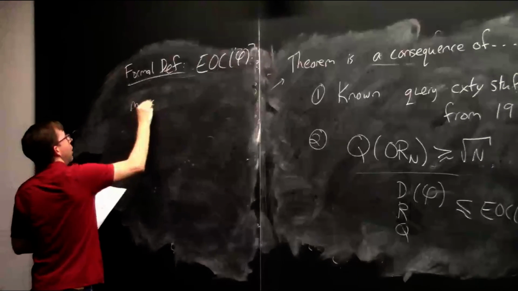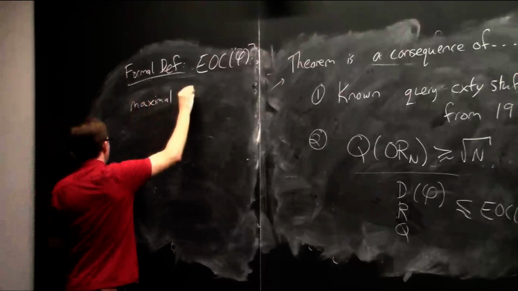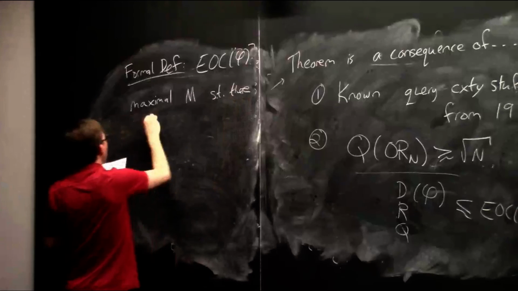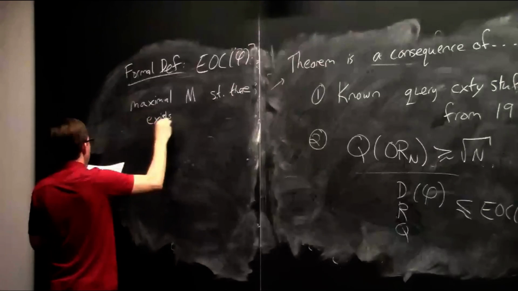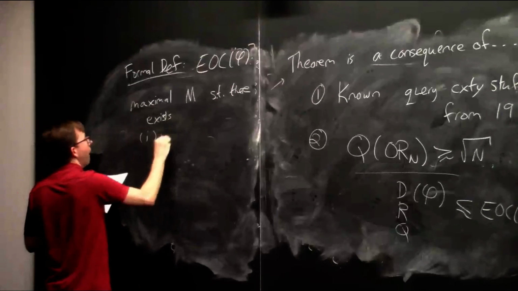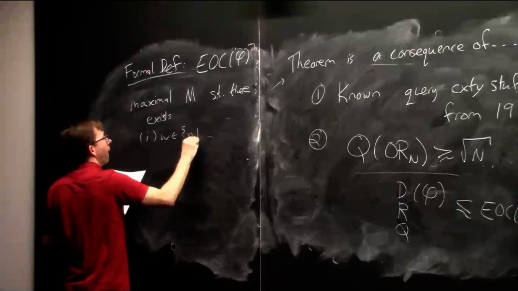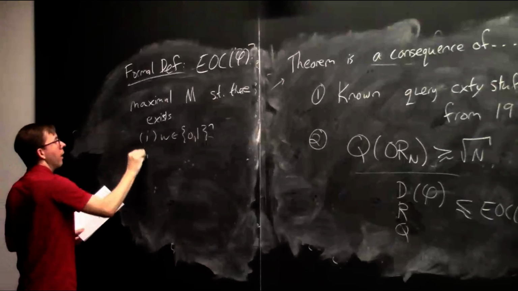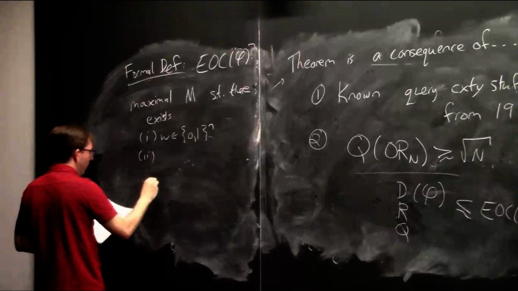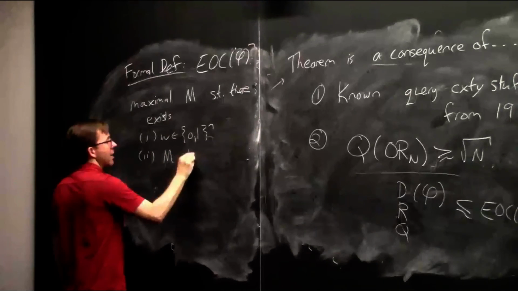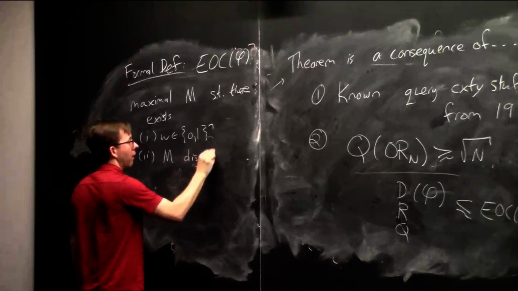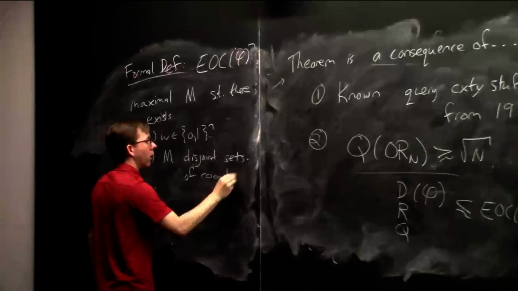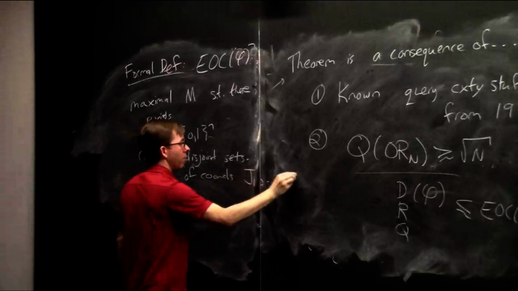It's the maximal number m such that there exists some input string w. In the case of the OR function, w will be the all zeros string. And m disjoint sets of coordinates, we'll call them j1 through jm.